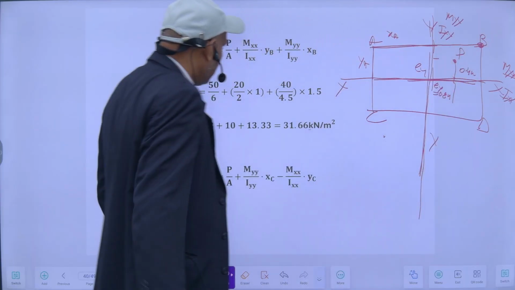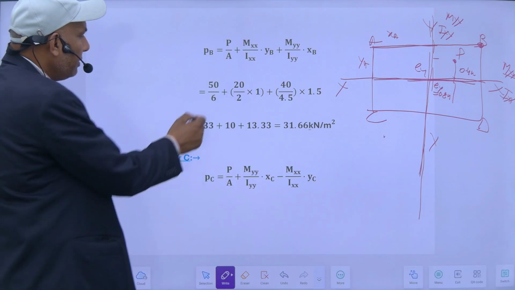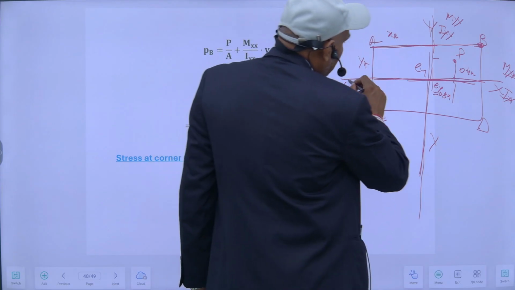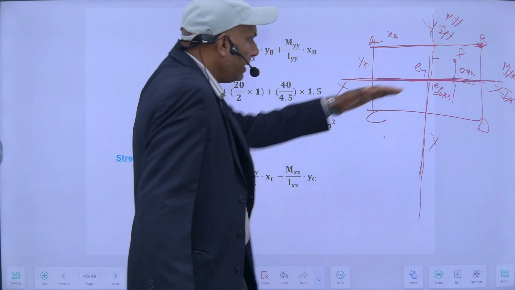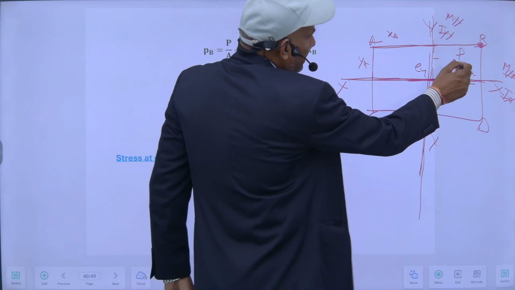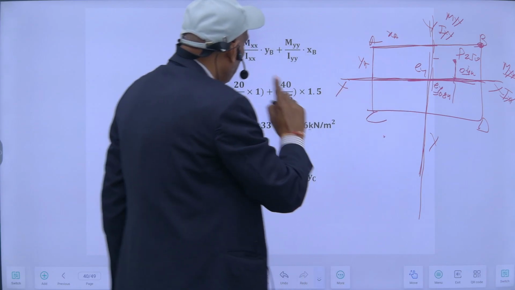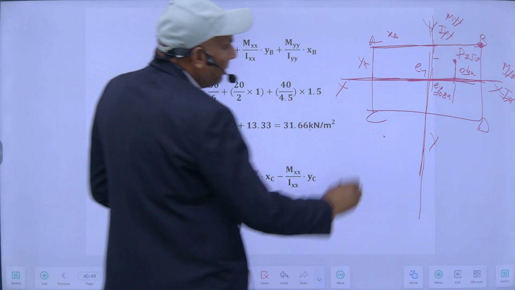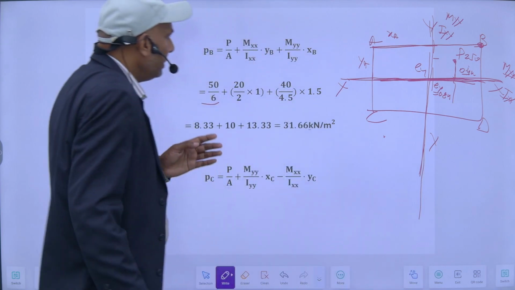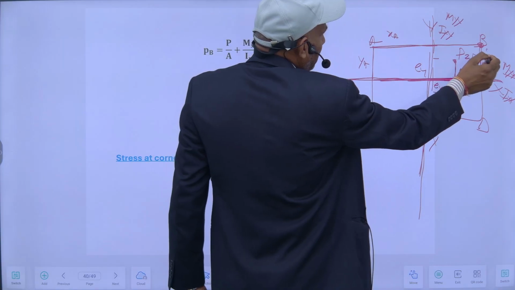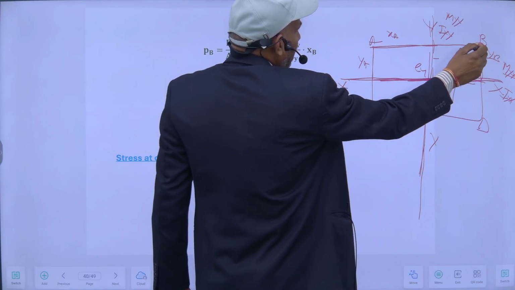So one is direct stress, which is load upon area, that will be constant, plus about this axis, the Mx moment. This is 50 kilonewton, so 50 into 2.4, this is Mx, about this axis Ixx, into this distance yb, that will give the stress here.